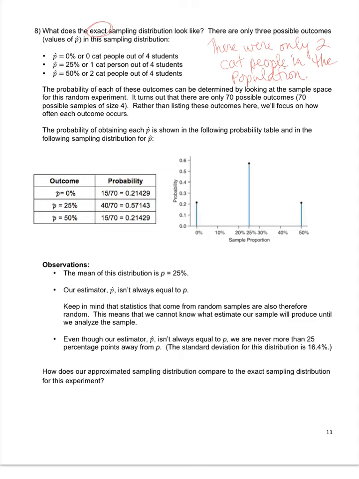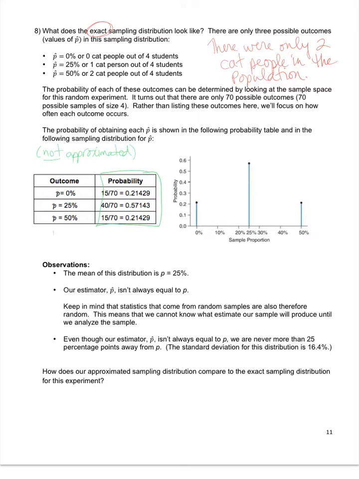So notice these are not approximated distributions anymore. These are exact or theoretical, and they didn't come from a sampling distribution. So notice here the probability column is telling you how many outcomes out of the 70 had each potential outcome.